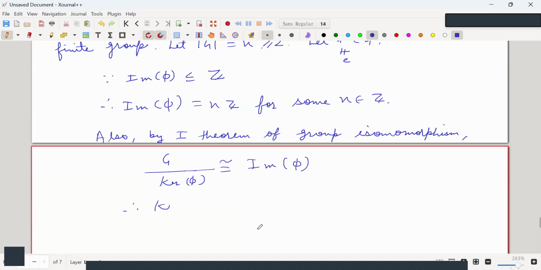Since phi is 1-1, the kernel is trivial. So this is isomorphic to G itself.